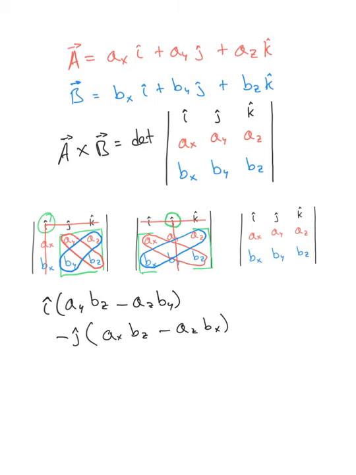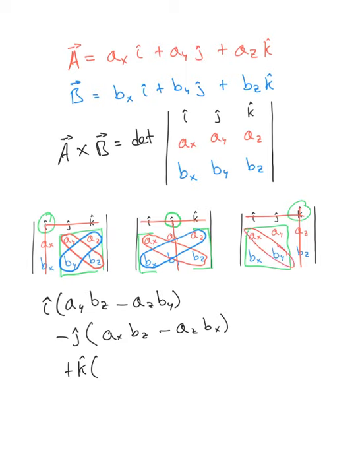And finally, we are going to take our k hat component. We are going to cross out the row and column associated with the k hat component, and we are going to take the determinant of the submatrix of the left behind components. The k hat component is positive, so we are going to add k hat, and we're going to multiply it exactly the same way that we've done with the other matrices.